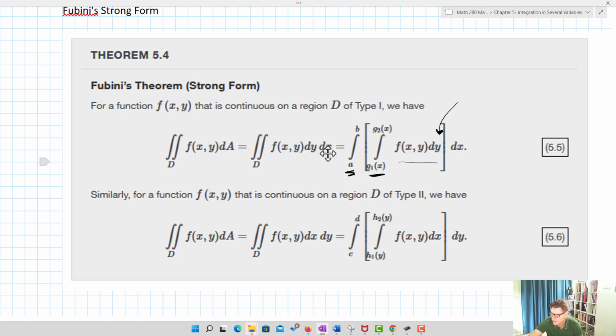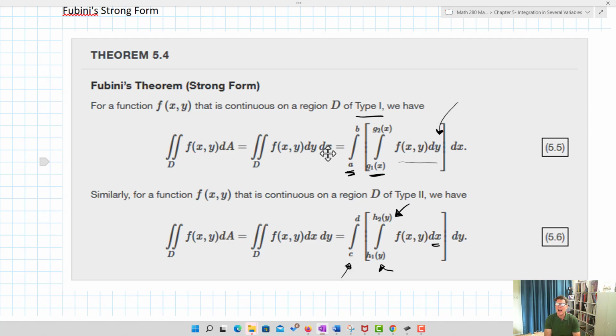And that's for regions of type 1. On the other hand, for regions of type 2, I can integrate with respect to x, plug in my functions of y, and then integrate with respect to y and evaluate.